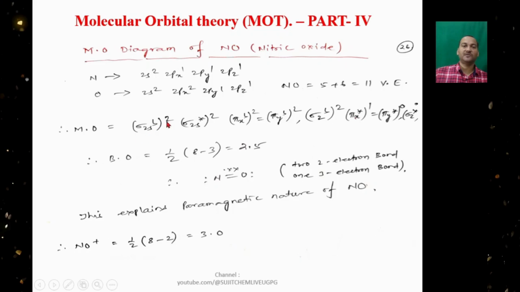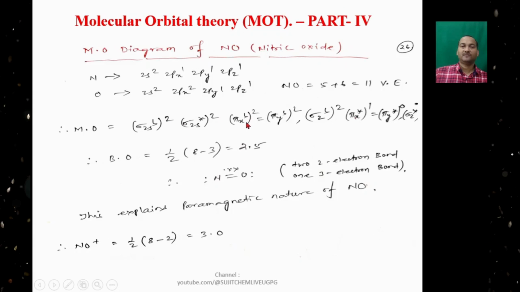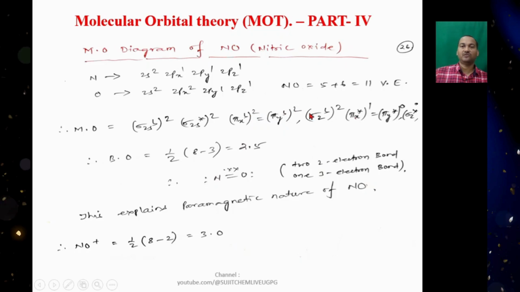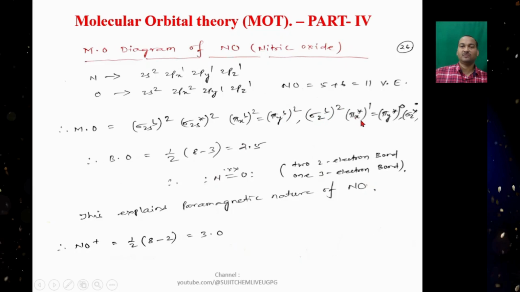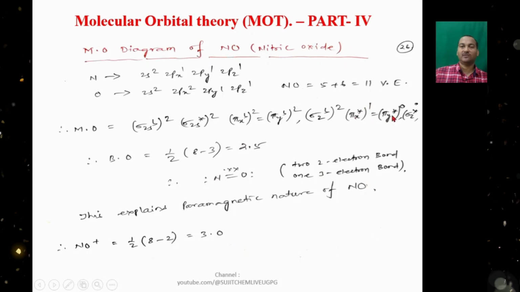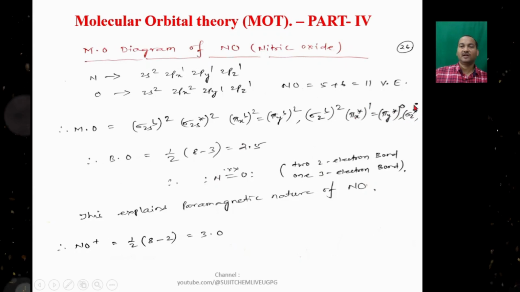And here is the MO configuration of a NO molecule. Sigma 2s bonding and sigma star 2s have 2 electrons each, then pi x bonding 2 and pi y bonding 2, then sigma z bonding 2, and pi x star antibonding has 1 electron, pi y star has 0 electrons, and sigma z star has 0 electrons.